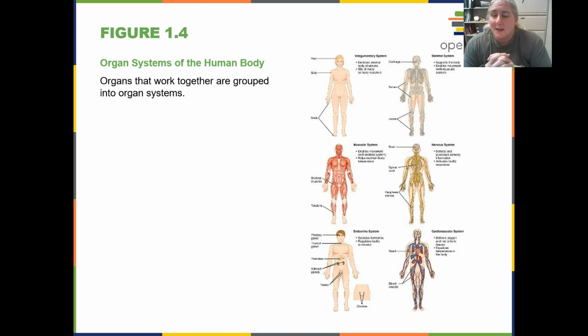I believe those are chapters 6 through 9. So there's a lot of chapters, but it's not that bad, so don't stress over it. The skeletal system functions in maintaining body structure and protection. It also helps in storage of specific nutrients.